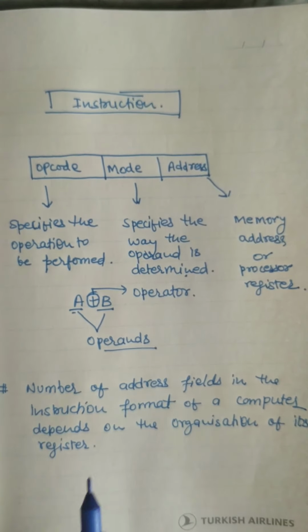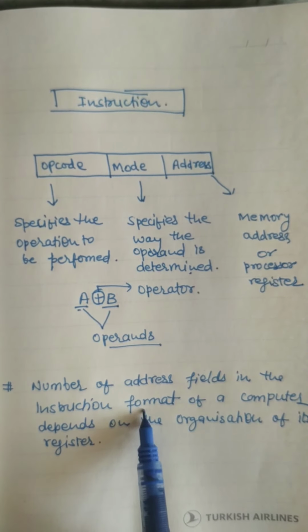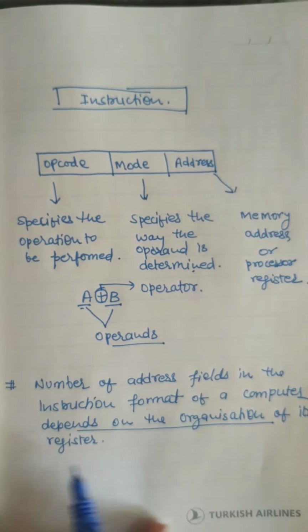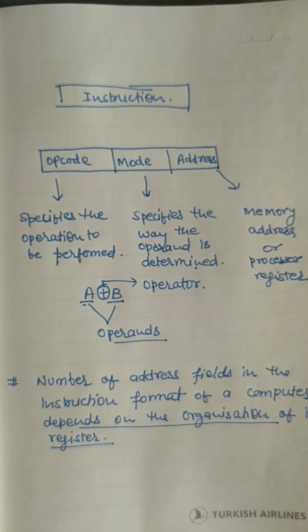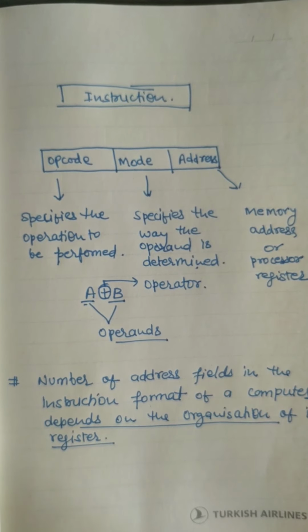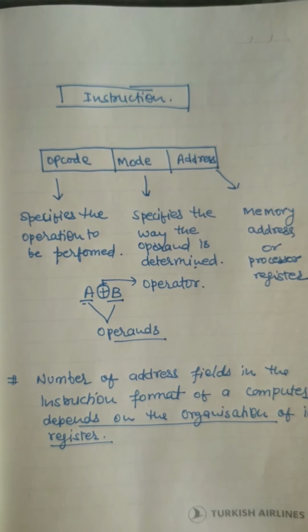Now the number of address fields in any instruction format depends on the organization of its registers, and on the basis of register organizations we can classify computers into three types of CPU organization.